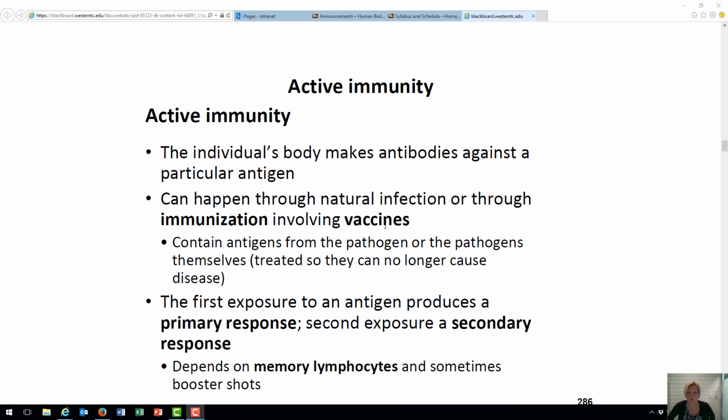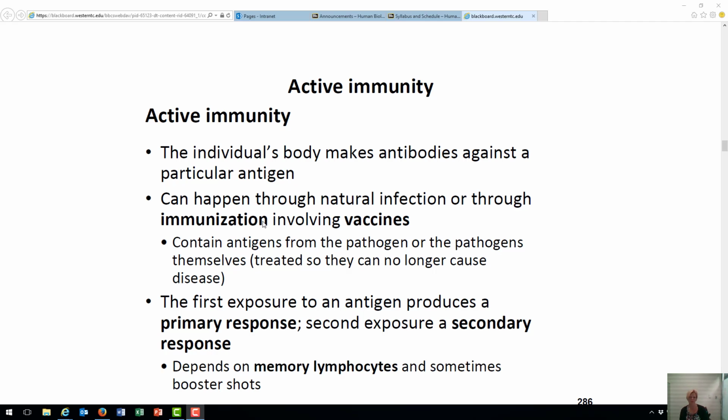For example, the influenza vaccine, which is something everybody should get between the months of October and February. The peak season for influenza is in February, so it's always a good idea to make sure that you are immunized early on, so we're not passing around that virus and allowing it to mutate and infect those around us that are immunocompromised.